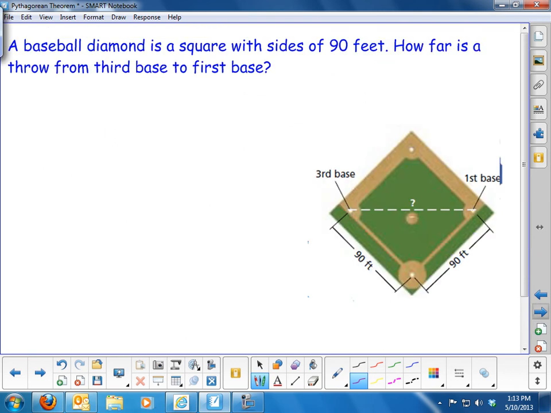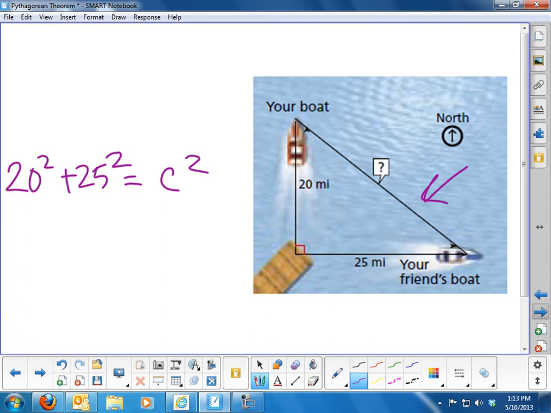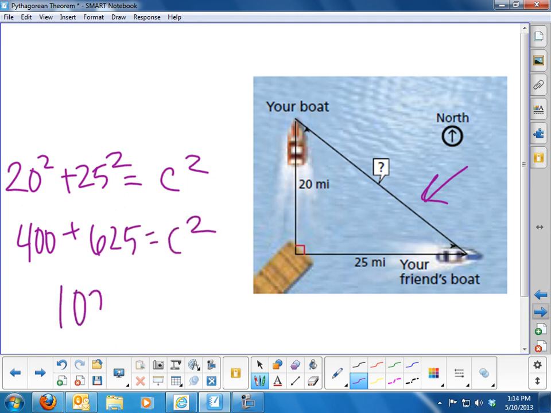All right, let's do one more here. Okay, so we're just looking for this distance right here. I set up my Pythagorean theorem. I have 20 squared plus 25 squared is equal to c squared. So I have 400 plus 25 squared, which gives me 625, is equal to c squared. So I have 1025 equals c squared.